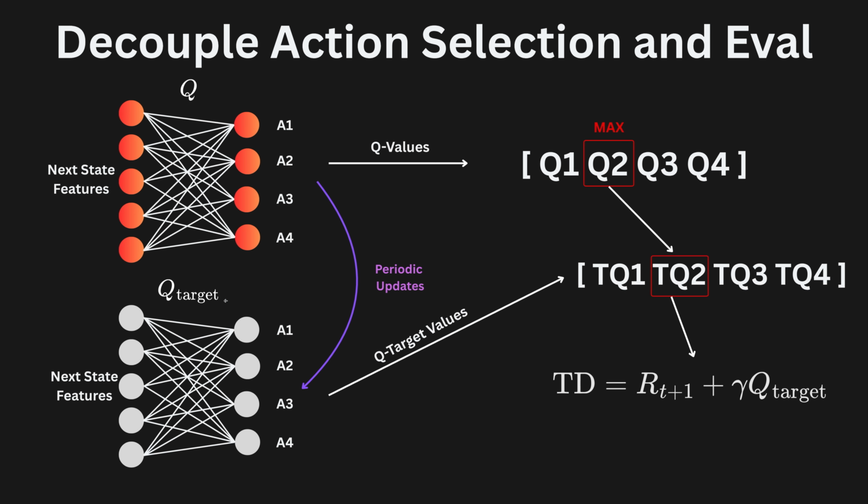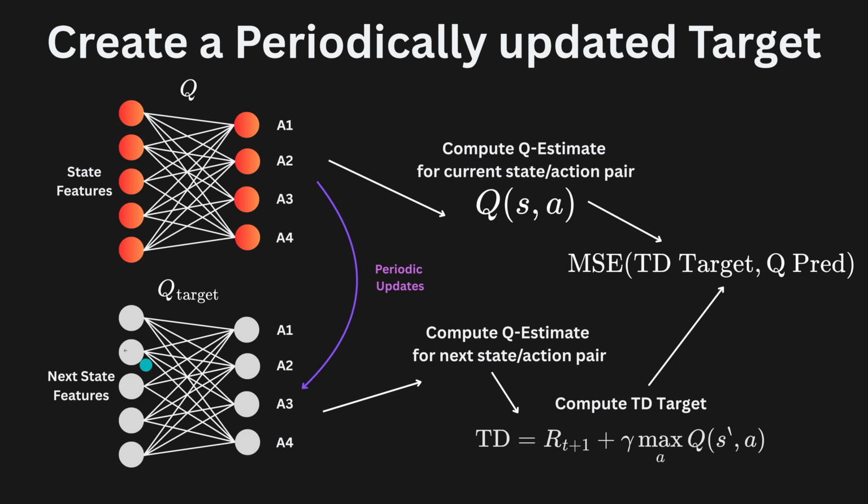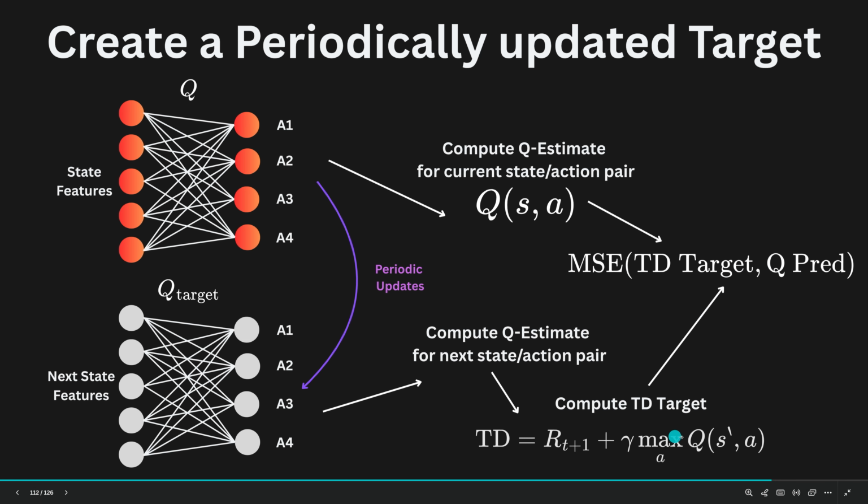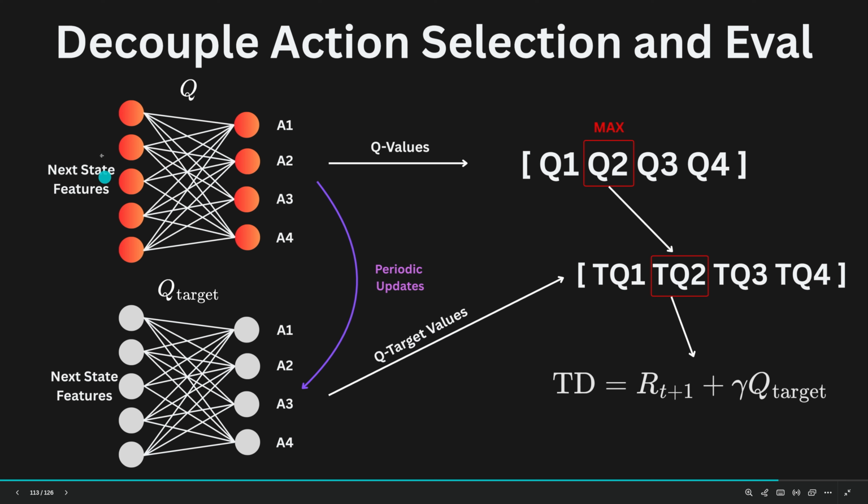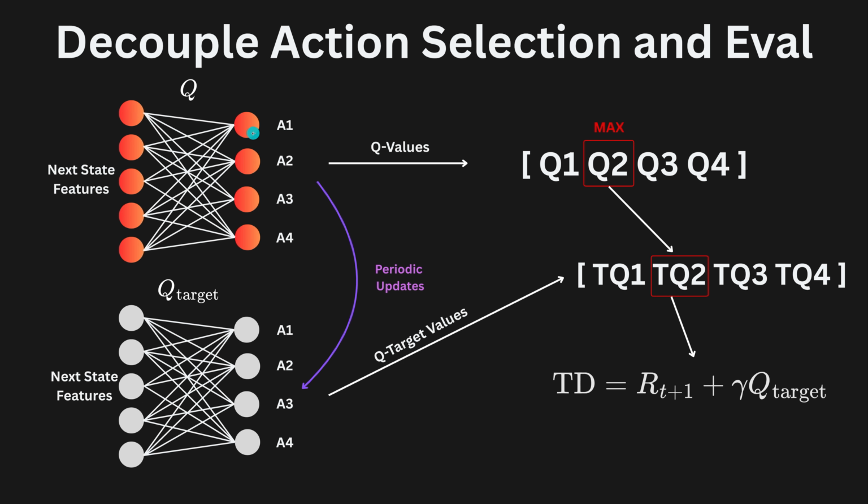So the decoupling that we looked at in the double DeepQ learning video was essentially this. For the next states, when we want to identify the Q value of the next state action pair, all we do is pass the next states into our actual Q model, the most up-to-date model being updated, and use that to identify what action I should take, what the max Q value is.